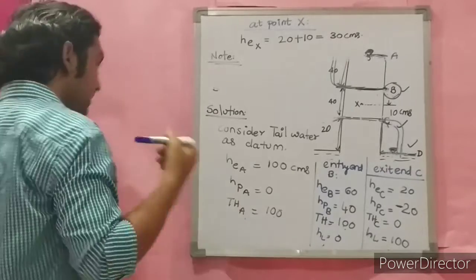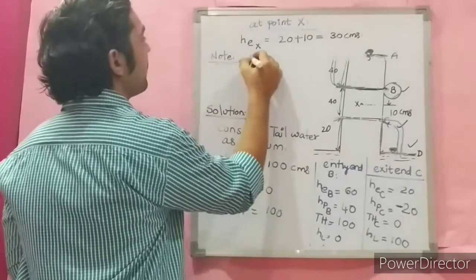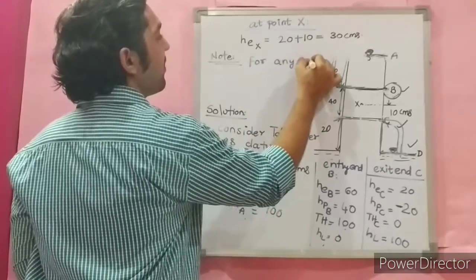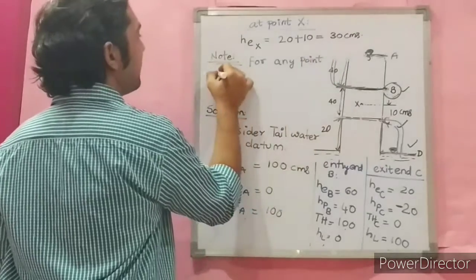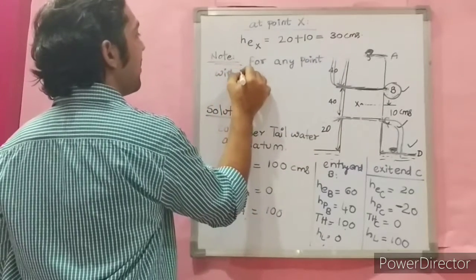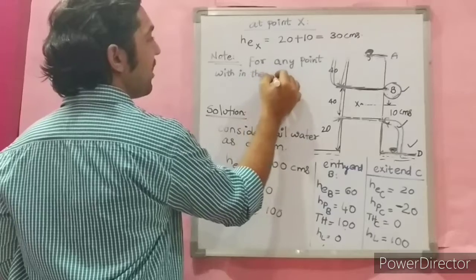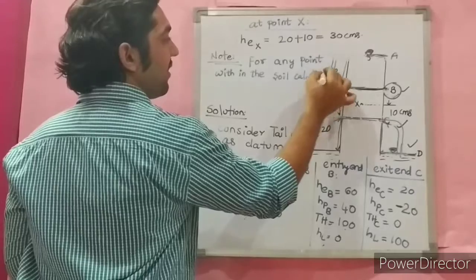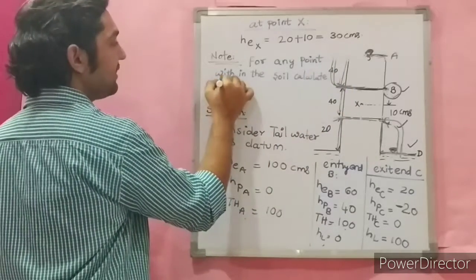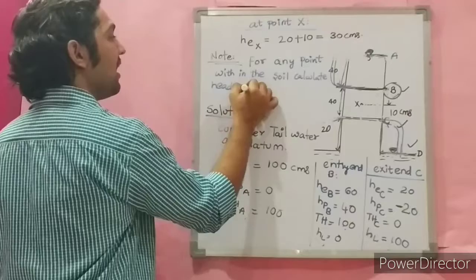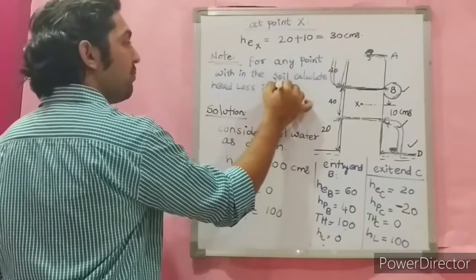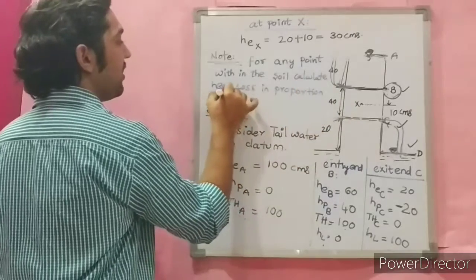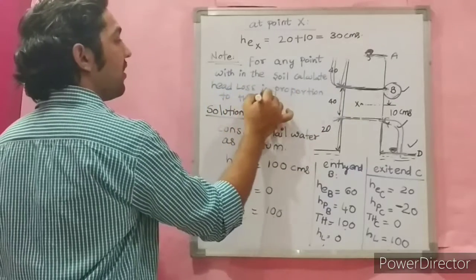For any point within the soil, calculate head loss in proportion to the total head.